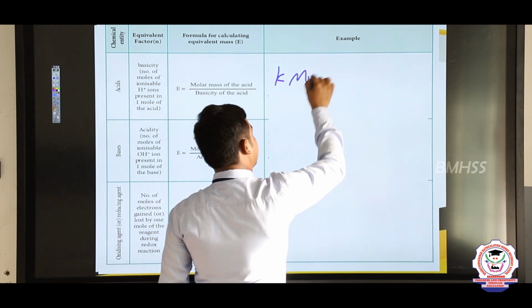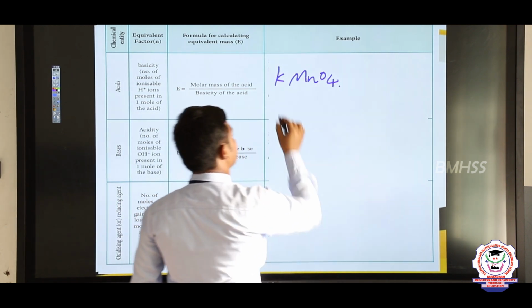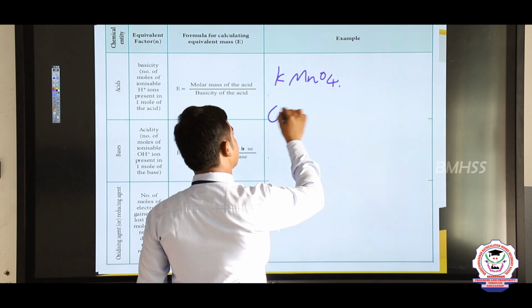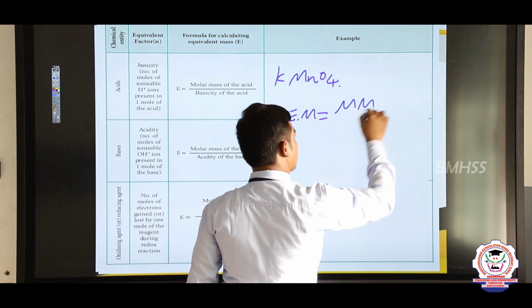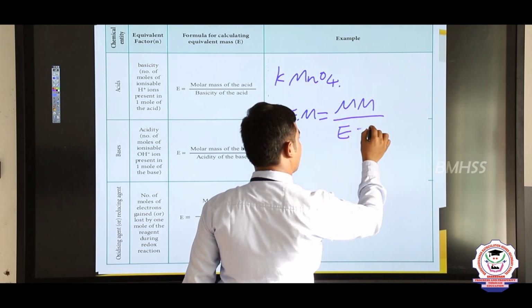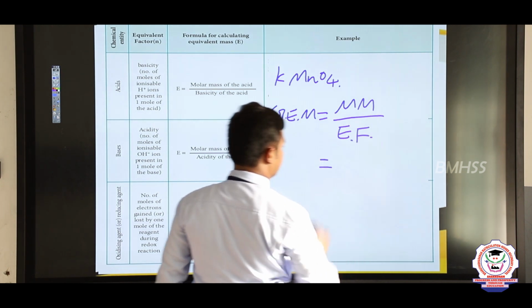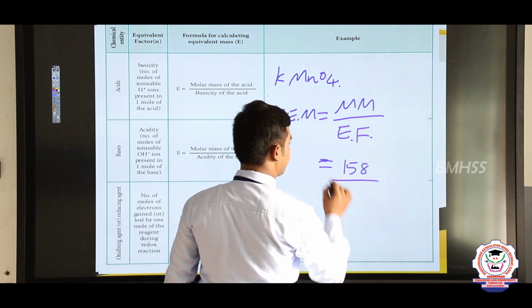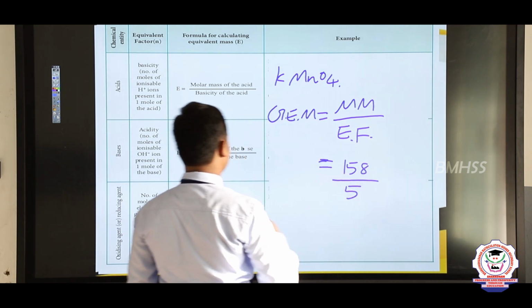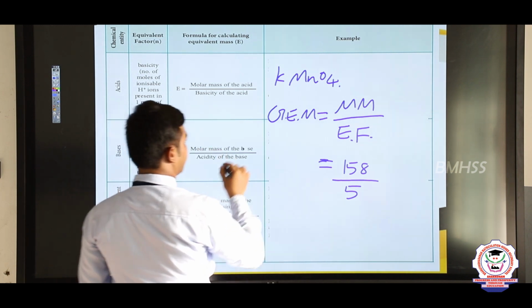For potassium permanganate, the gram equivalent mass can be found by molecular mass divided by equivalent factor. Molecular mass is 158 grams and the equivalent factor is 5. We divide 158 by 5.